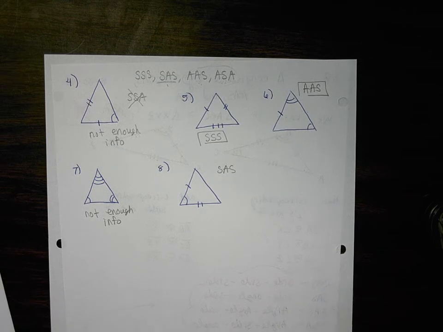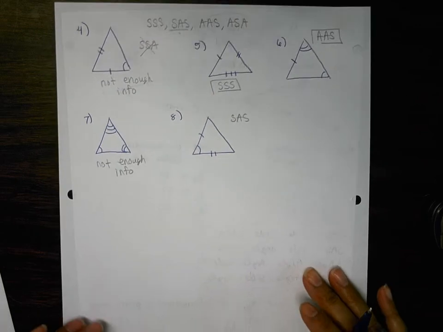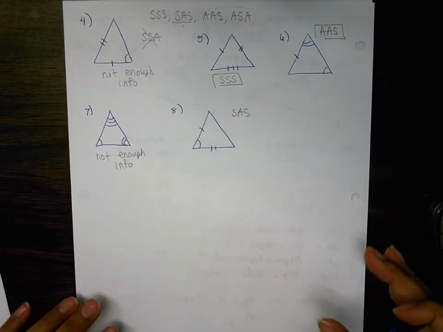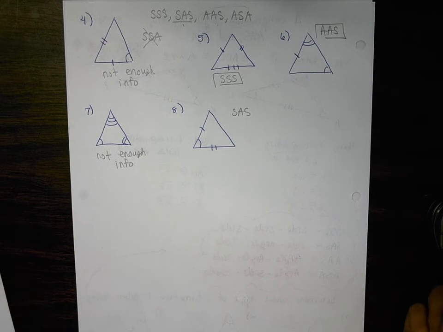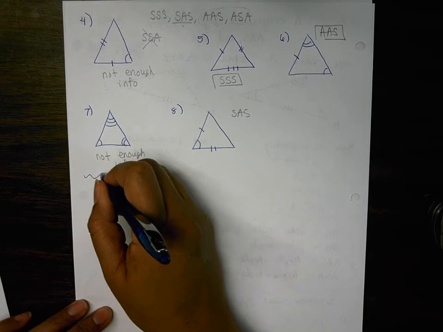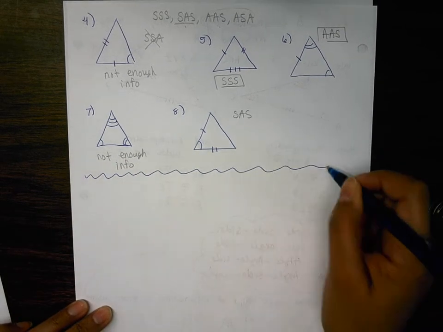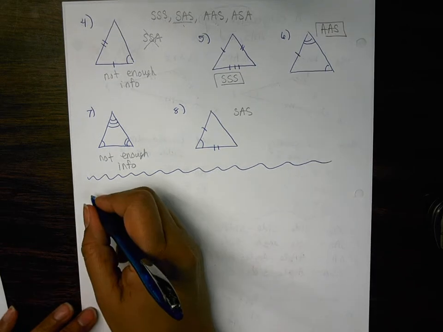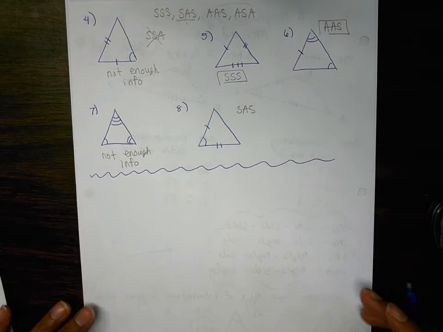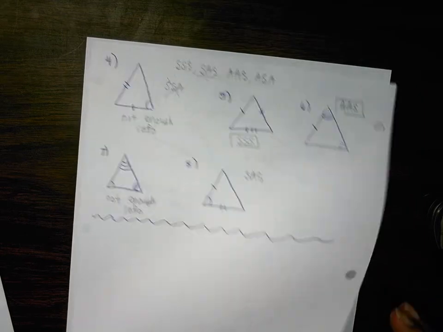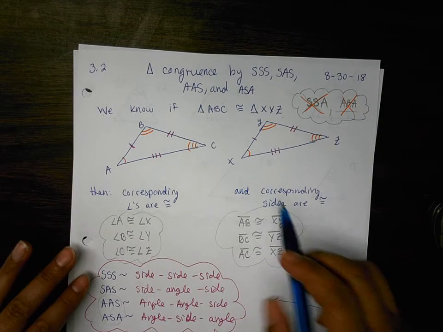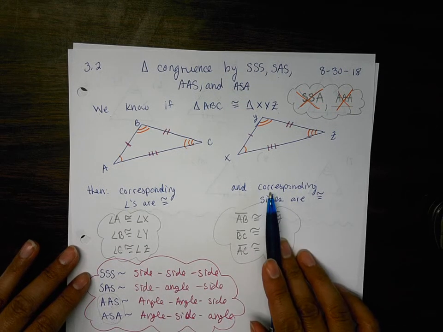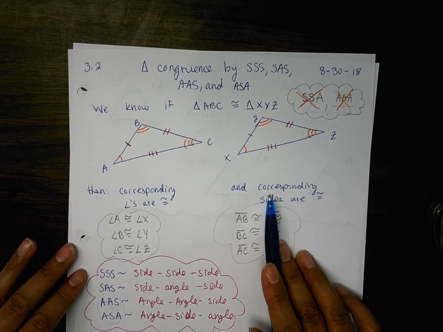Okay, questions? All right, now what we're going to do next is, do you agree so far they haven't been that bad? You're probably thinking, why are we doing this? It's so easy. When you're comparing 2 triangles at the same time is where it starts to get tricky. So let's take a step back. What did we say about congruent triangles? Their corresponding angles are congruent and their corresponding sides are congruent.